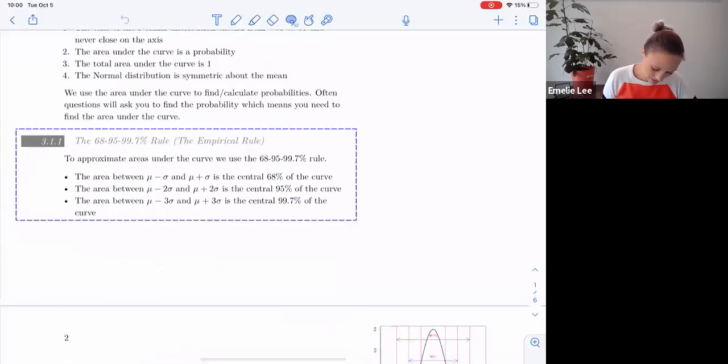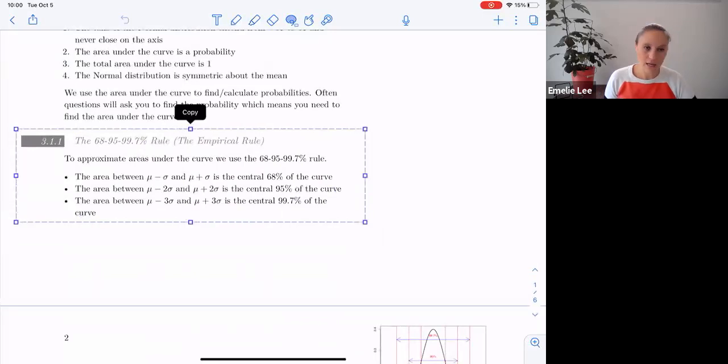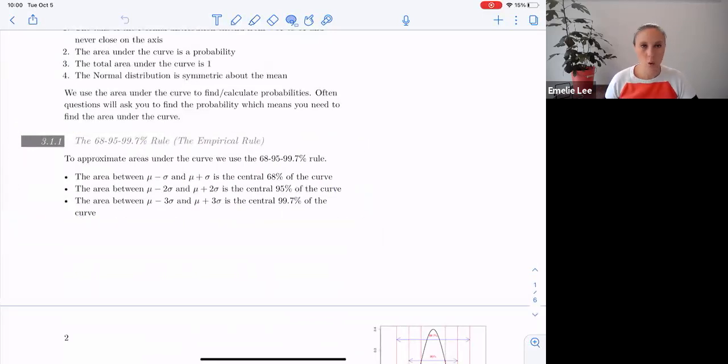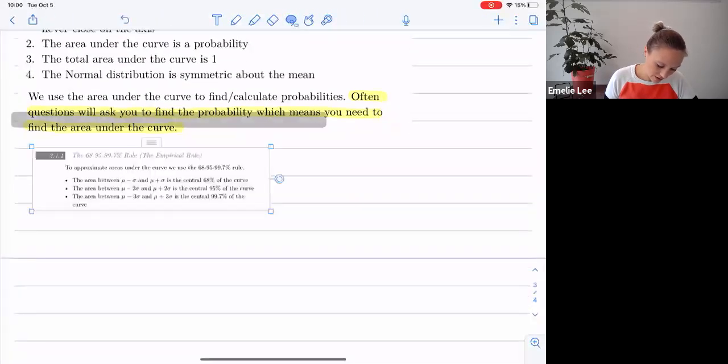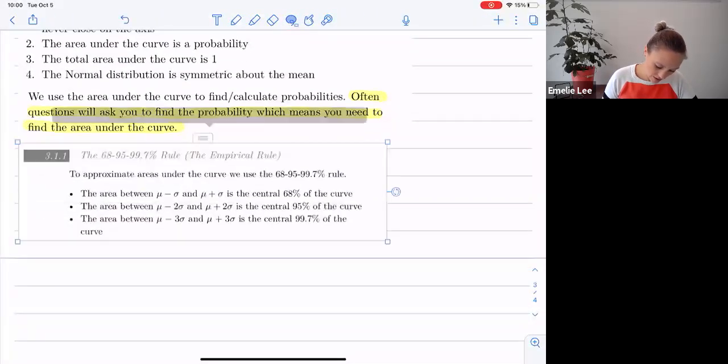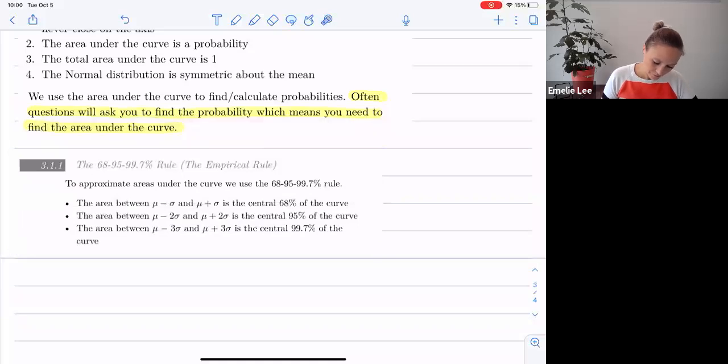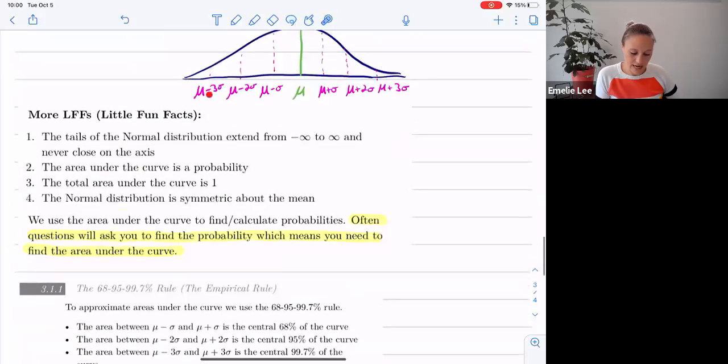So one thing that's kind of nice is that we have quick approximations for the areas under the curve. These aren't the rules that we're going to stick to, okay, but they are nice to introduce. Because remember, we said that we can move out 3 standard deviations from the mean, right?